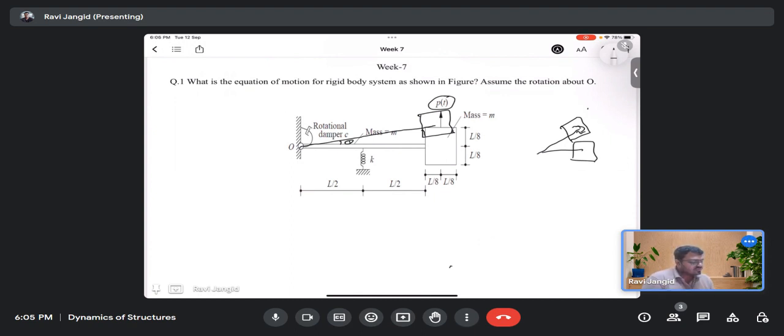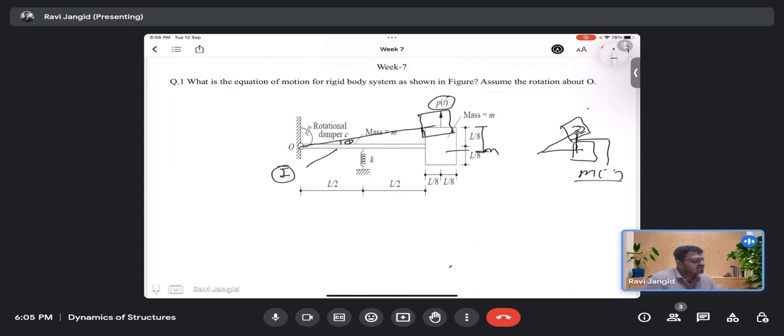So we have two inertias. One is for this rod, which we know. One is for this mass, which is M. Due to the transverse displacement in the vertical direction, we will get some quantity times the double dot. That is one thing.